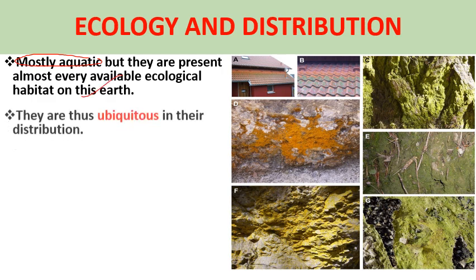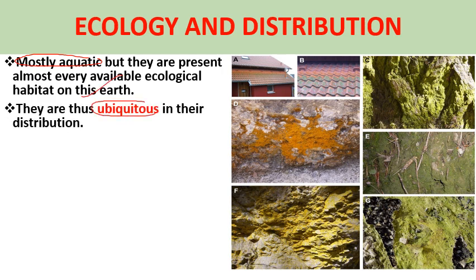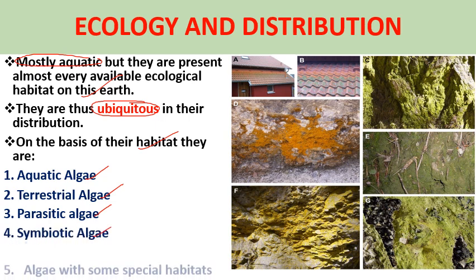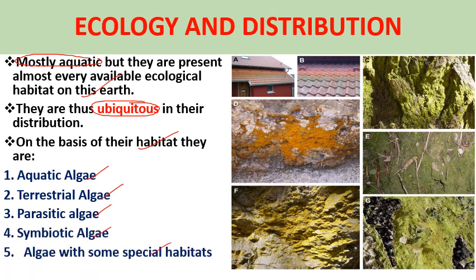So these are ubiquitous in nature. On the basis of their habitat, we can classify the algae into different groups. First, aquatic algae, then terrestrial algae, meaning those found on the soil surface or rock surface. Then parasitic algae, then symbiotic algae, and finally algae with some special habitat. We will discuss these groups of algae one by one.